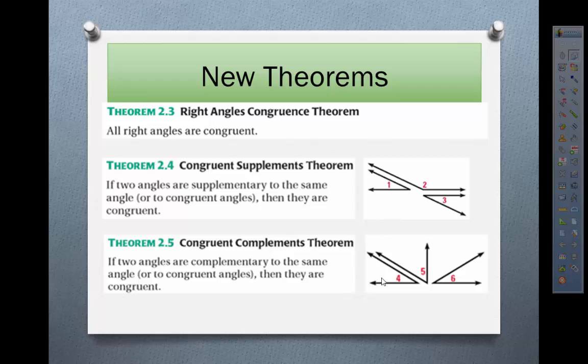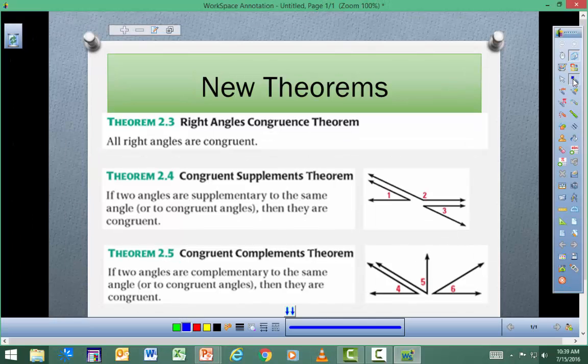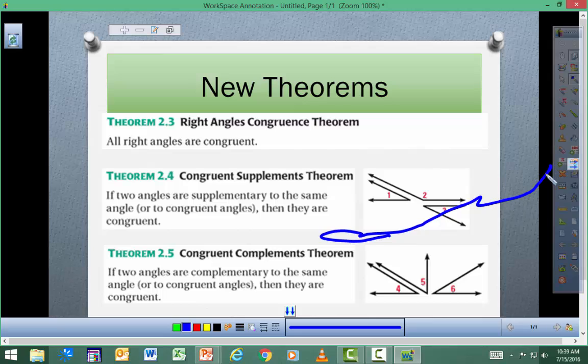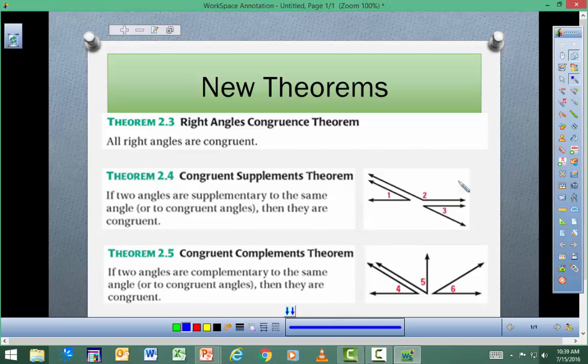Well, let's just take a look at what they're saying, though. Oh, goodness, my pen is not working right. Okay, so let's try this again. So if two angles are supplementary to the same angle, in this case here, they're supplementary.